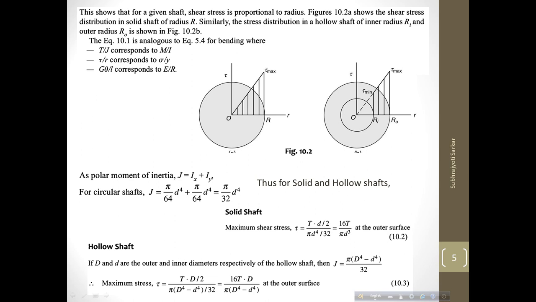So tau is equal to T by J into R, that is the shear stress is proportional to the radius.